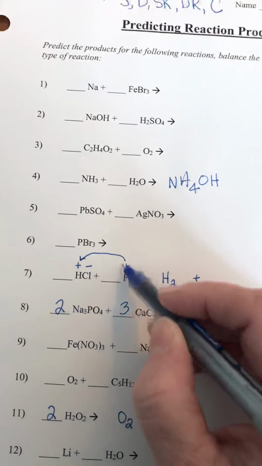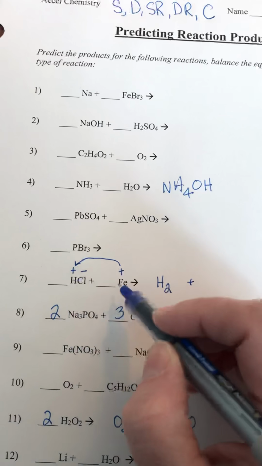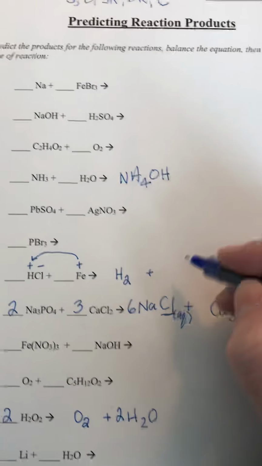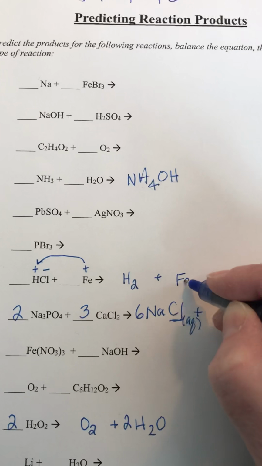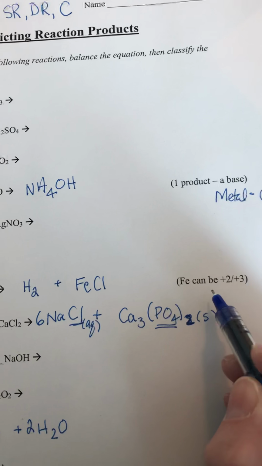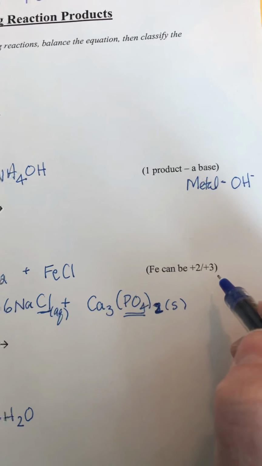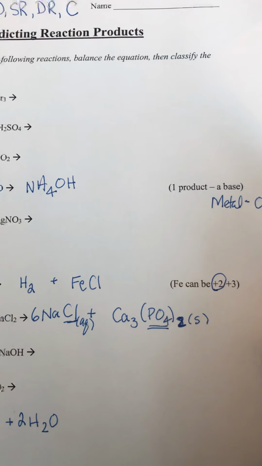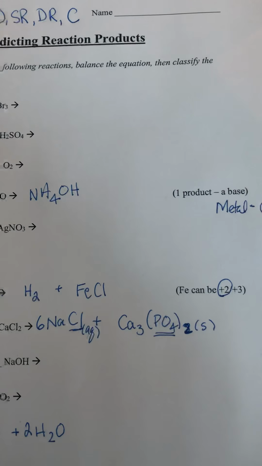So if hydrogen gets pushed out by the iron, then that means iron will connect with the chlorine. And the formula that we write with the iron and the chlorine is dependent upon the charge of your iron. All right, so we'll just say that our iron was +2. You could do this with +3 if you wanted. It makes no difference.